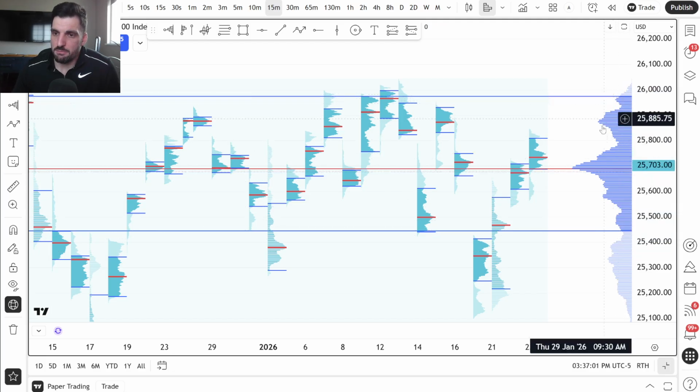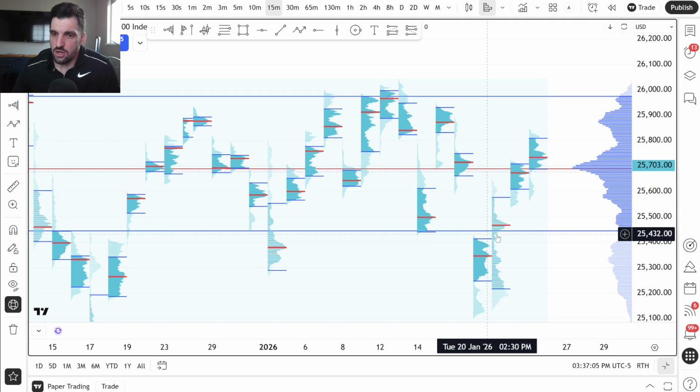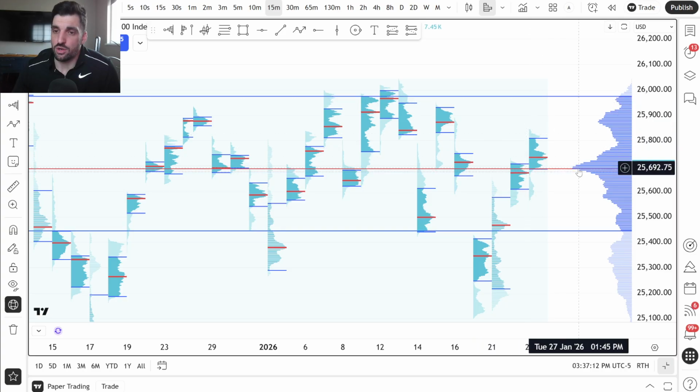So we have our composite profile on the right. We have the value area low, which is the lower blue line, and the value area high, which can be seen as the upper blue line, the point of control in the middle here as well, where the highest amount of volume has been transacted.